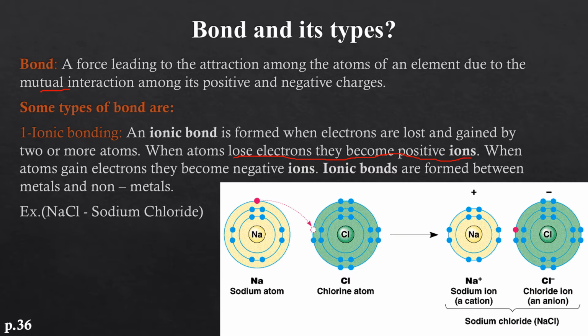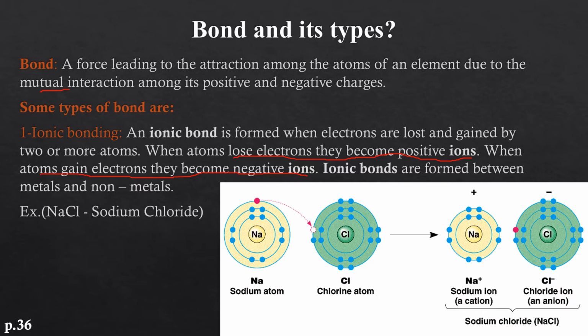When atoms gain electrons, they become negative ions. Ionic bonds are formed between metals and non-metals.